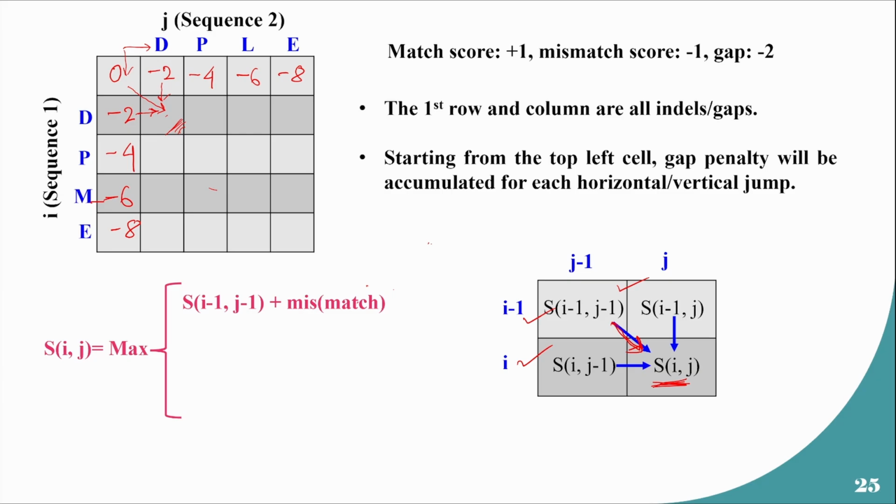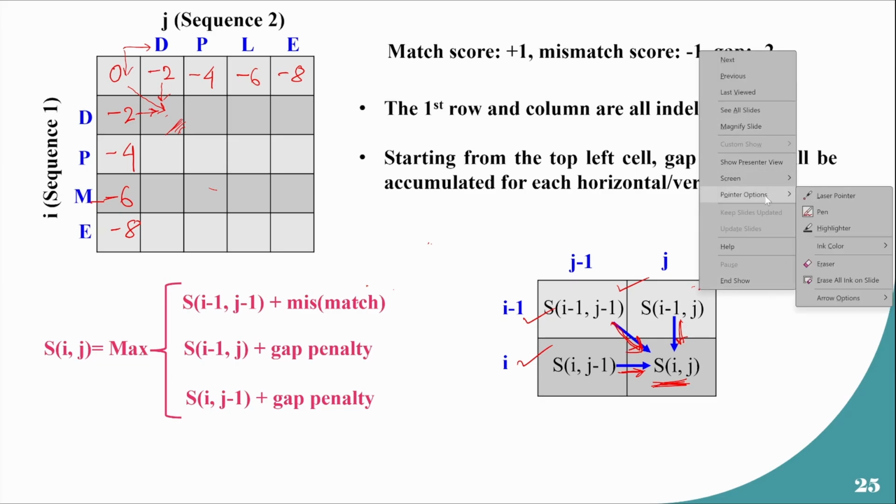And then the second one will be S(i-1, j). This will be this path, and that will be considered as a gap penalty. And then the other one is the horizontal one, S(i, j-1). That will also be considered as a gap penalty. Now we have to calculate that and then identify the maximum value among these three.